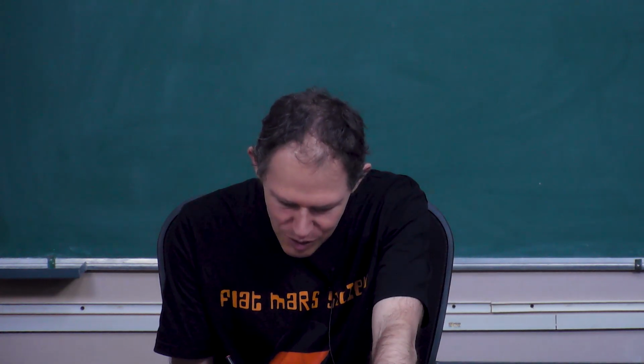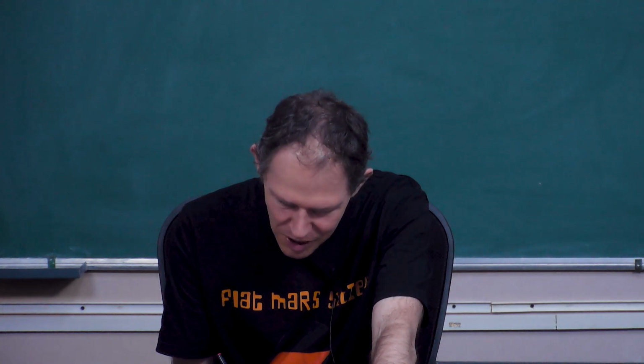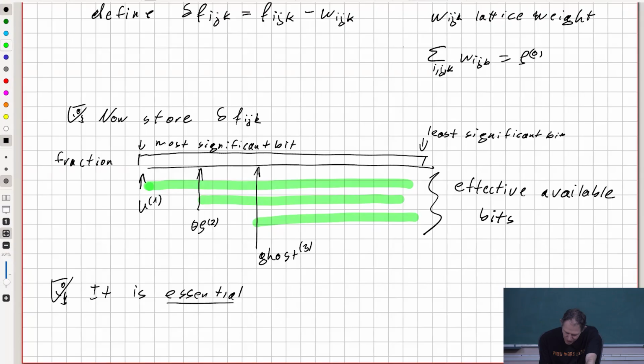So let's write this down. This is essential, I mean, as long as you care about round-off errors. Yeah. I have to admit that I sometimes also did it the other way when I have to do something very, very quickly. But you have to know that then you killed it. Okay.